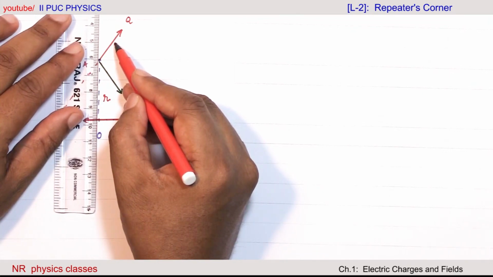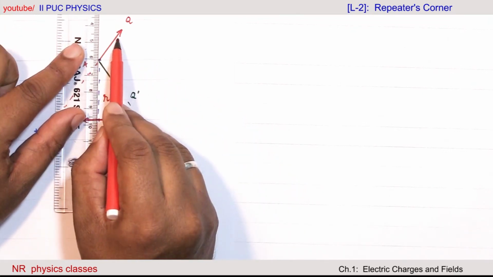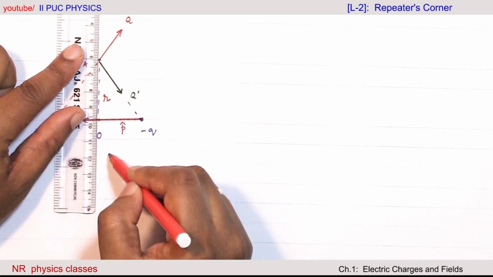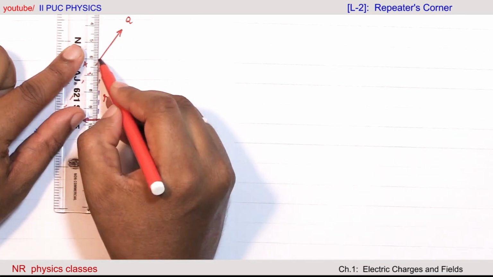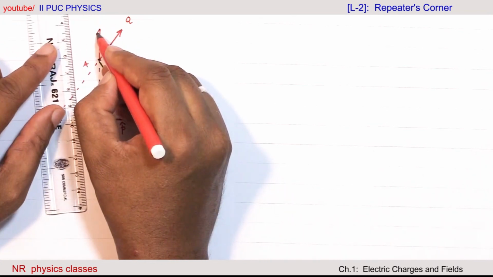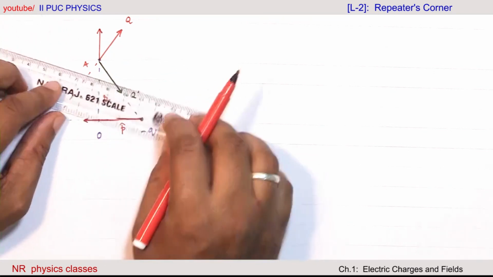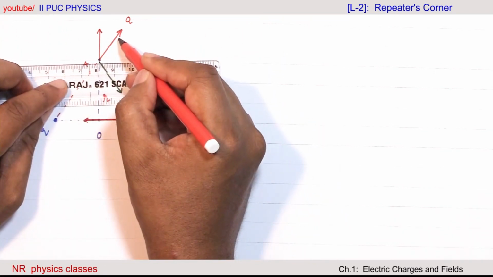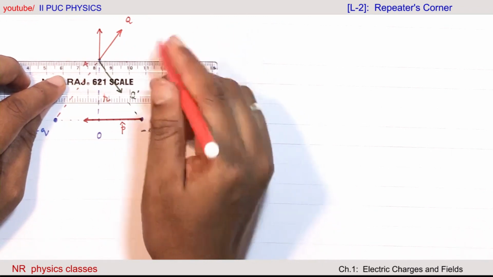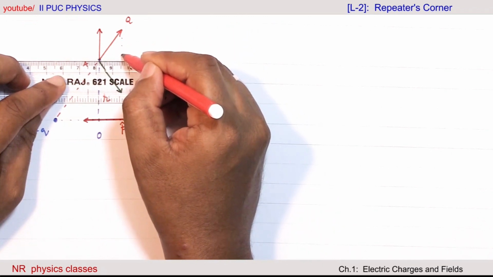Component of this electric field perpendicular to the dipole moment is this. Component of the electric field parallel to dipole moment, drop a perpendicular.